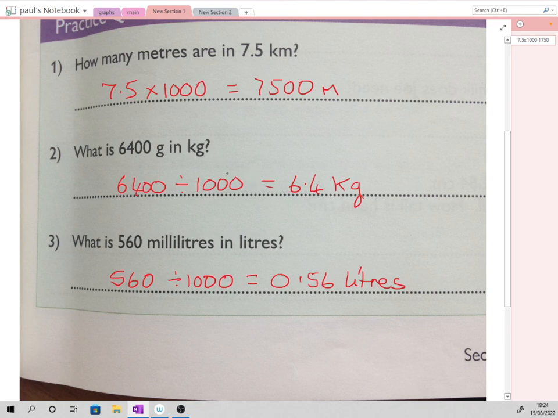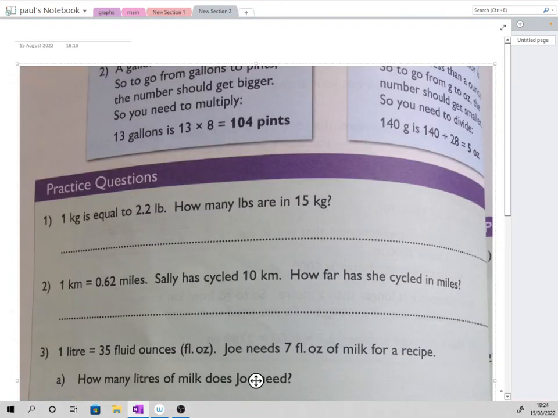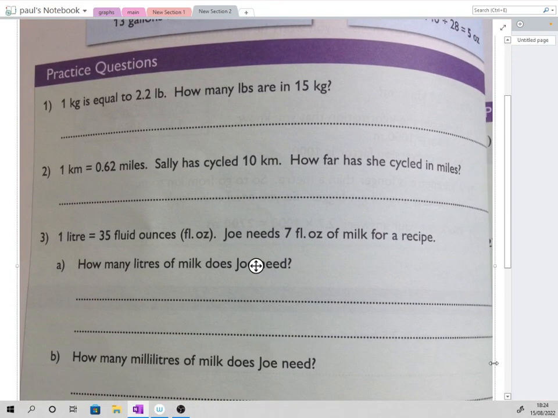Now we'll have a look at some conversions that involve awkward imperial units and see how we get on with these. Now, it says here, and they will do it, there is the conversion.